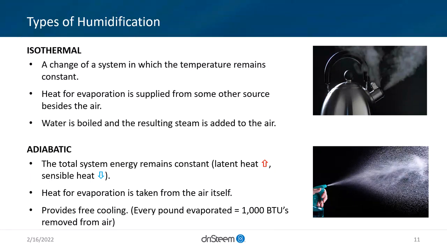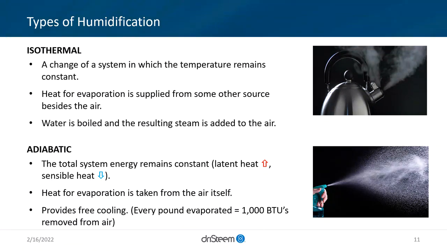I've seen anywhere from the isothermal side of electrode style, which would be Dry Steam's XT series, or an RTS series, or vapor mist, vapor stream. And it really comes down to the goals of that facility regarding which type they go to, from a controllability perspective and utility source.